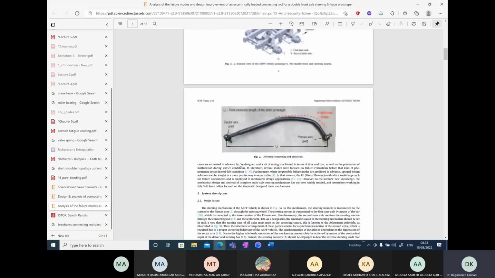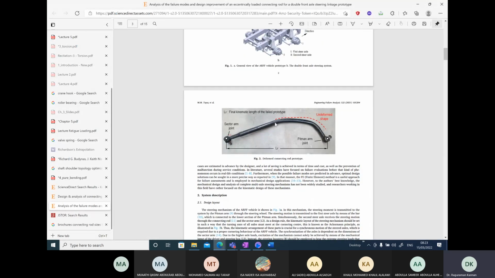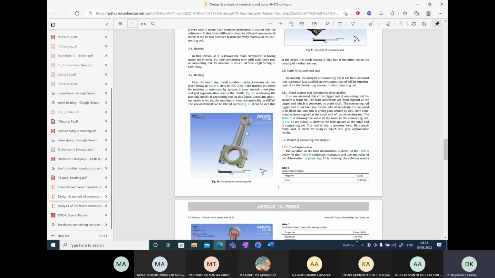Yes, here you can see this is buckling failure. Under compression, it undergoes buckling failure. So if you are able to apply simple formulas and do that for the connecting rod, then you will get bonus marks. And especially if you do buckling analysis in finite element, you will get much more marks.